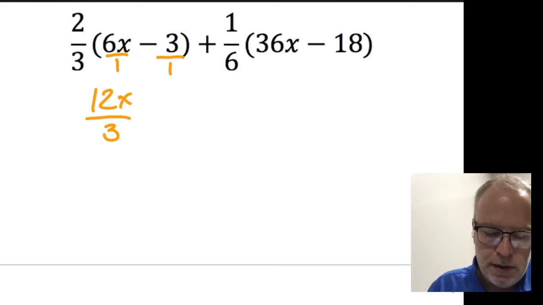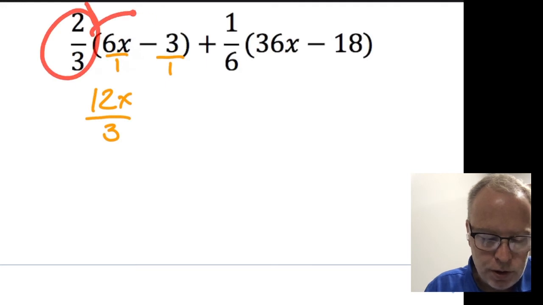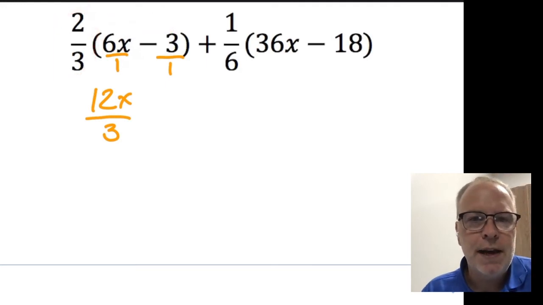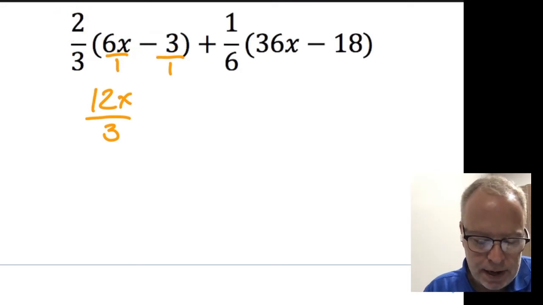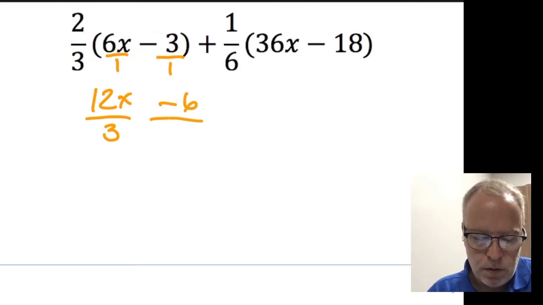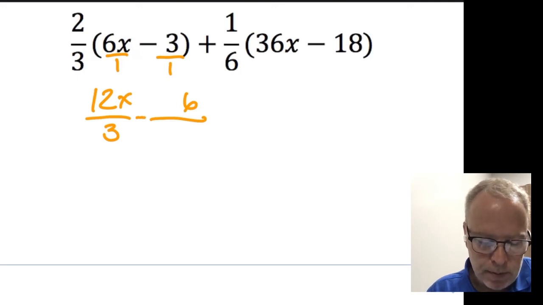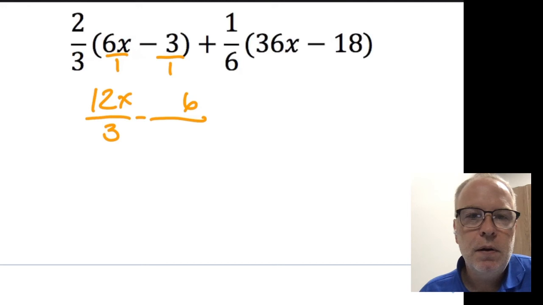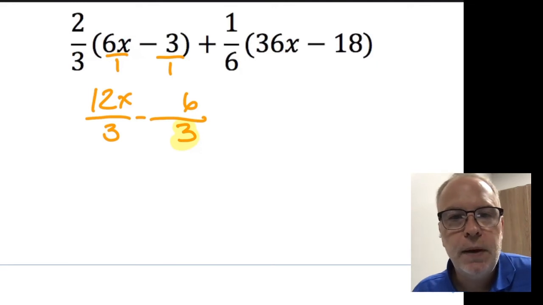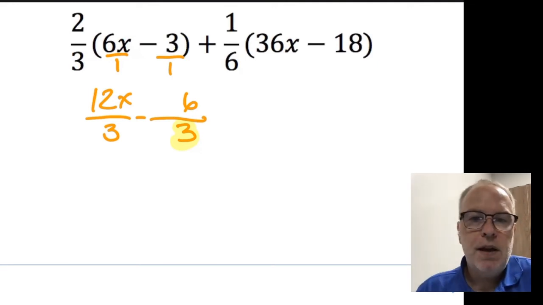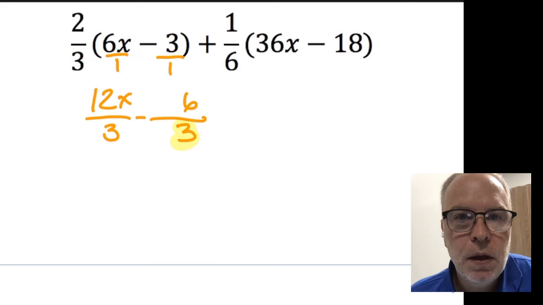Now we're going to do the next arrow, which is 2/3 times -3 over 1. So 2 times -3 is -6, over, I'm going to put the minus sign out, maybe that'll be less confusing, and 3 times 1 is 3. Great. Okay, take a breath. Whew, we did it.